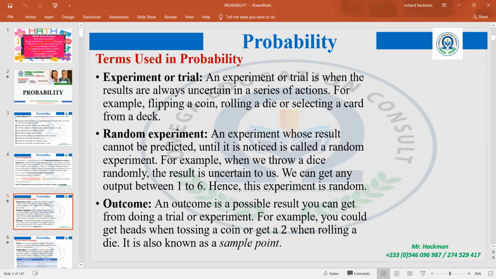For example, if you flip a coin, you are not certain of the result, whether you are going to get a head or a tail. That activity is what we call an experiment or a trial. So the activity of flipping a coin, rolling a die, or selecting a card from a deck is what we call a trial. Is that clear? Is the explanation okay?